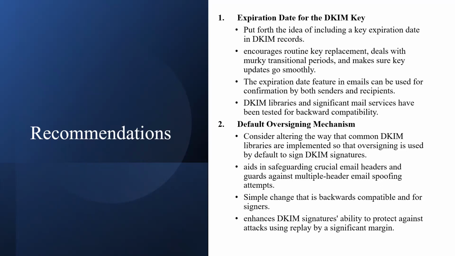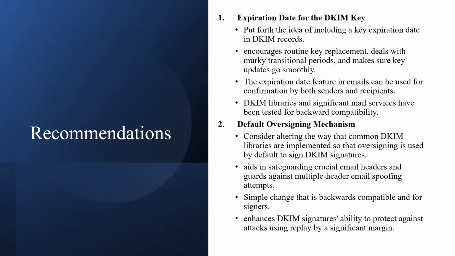The libraries and significant email services have been tested for backward compatibility. That means they have used certain libraries and significant mail services to and fro to make sure everything in the library is validated and verified.